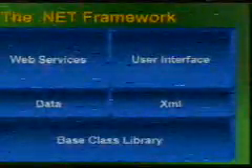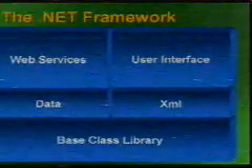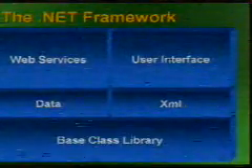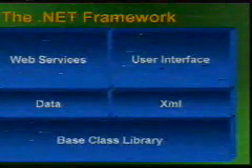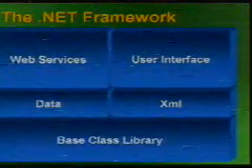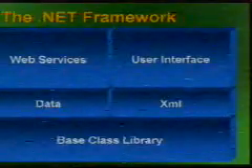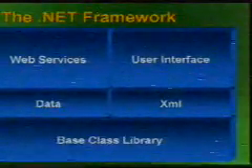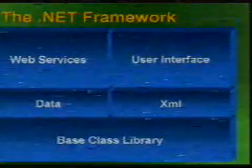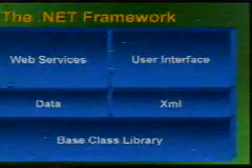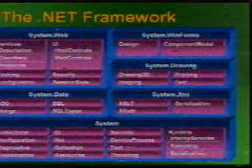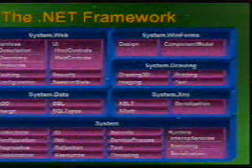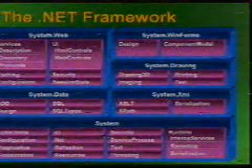So you've seen this block diagram before where we have the base class library, and then on top of that we have data and XML support, and then web services and user interface. I wanted to show you here that this is not just an architecture diagram. This actually is how the framework is built internally. And to illustrate that, I'll morph the slide here and show you some of the namespaces that are present in the framework.